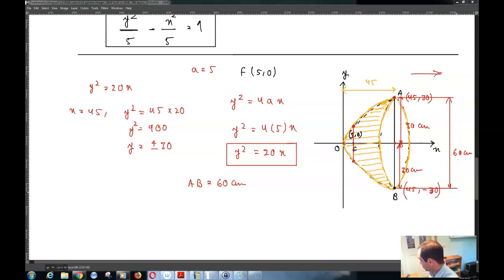So what we have over here is a beam. Let me read the question again. A beam is supported by its ends by supports which are 12 meters apart.